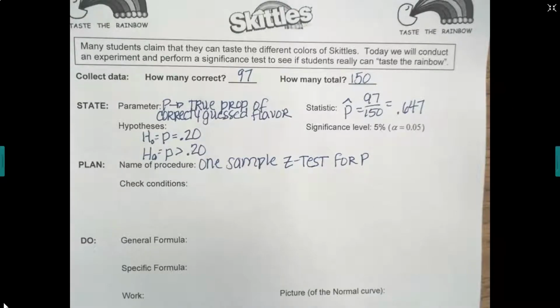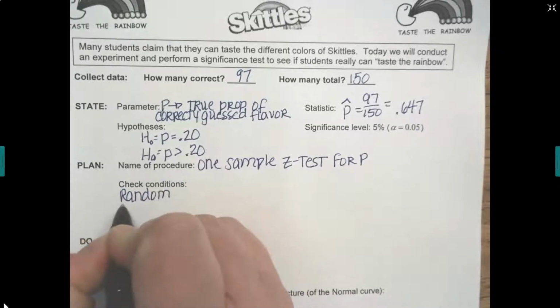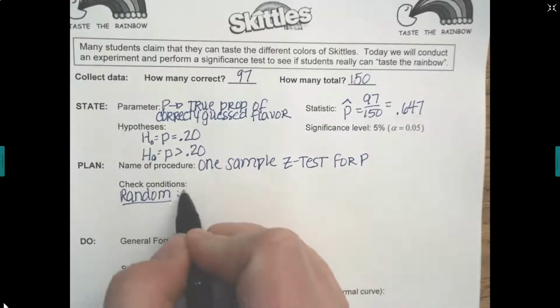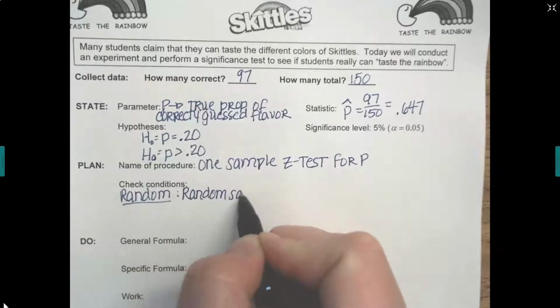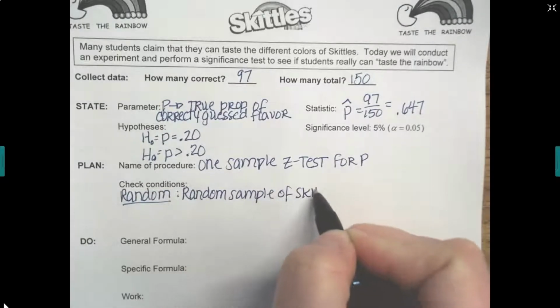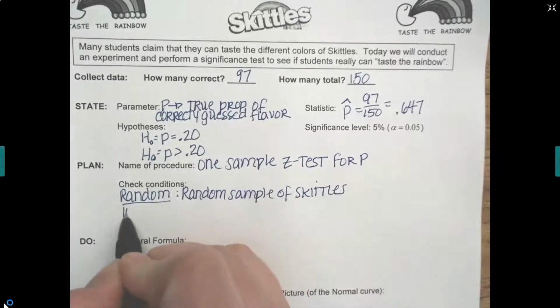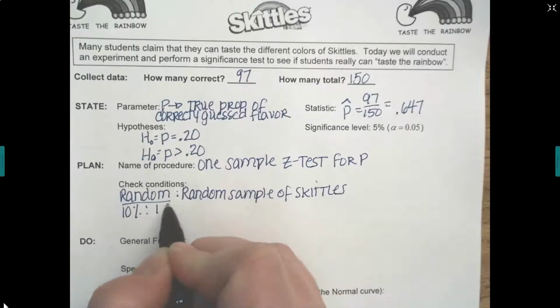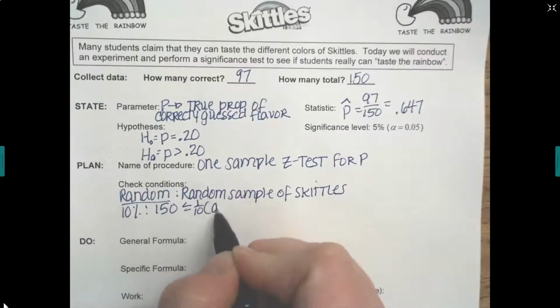Okay, now we do need to check our conditions just like always. So for our random, it is a random sample of Skittles that we had. Okay, for your 10%, we had 150 Skittles. Well, that is definitely less than 1/10 of all Skittles.